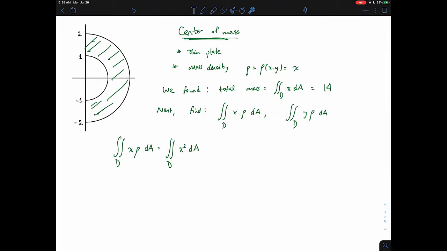We could slice horizontally, we could slice vertically, or we could use polar coordinates. Any of those would work, and we can also take advantage of the symmetry of this domain. Let's work this out using polar coordinates.